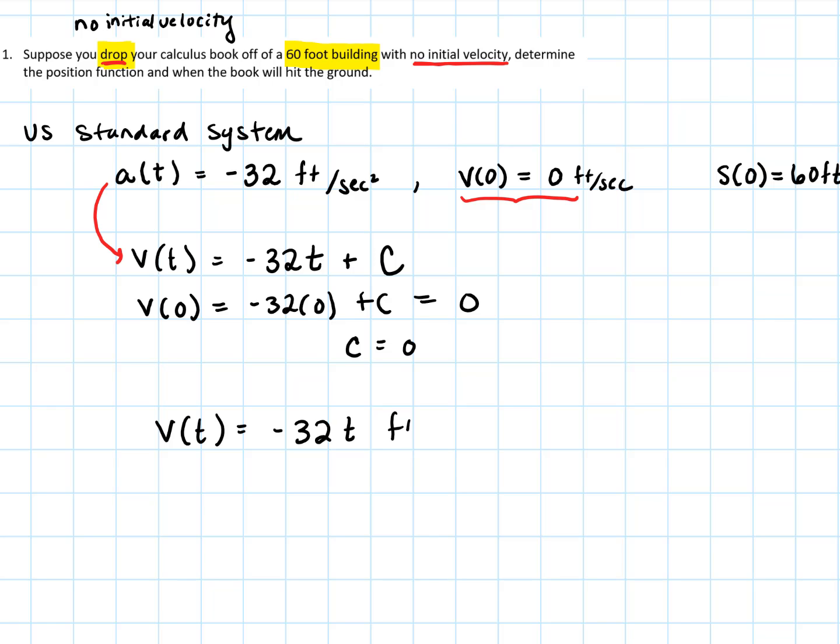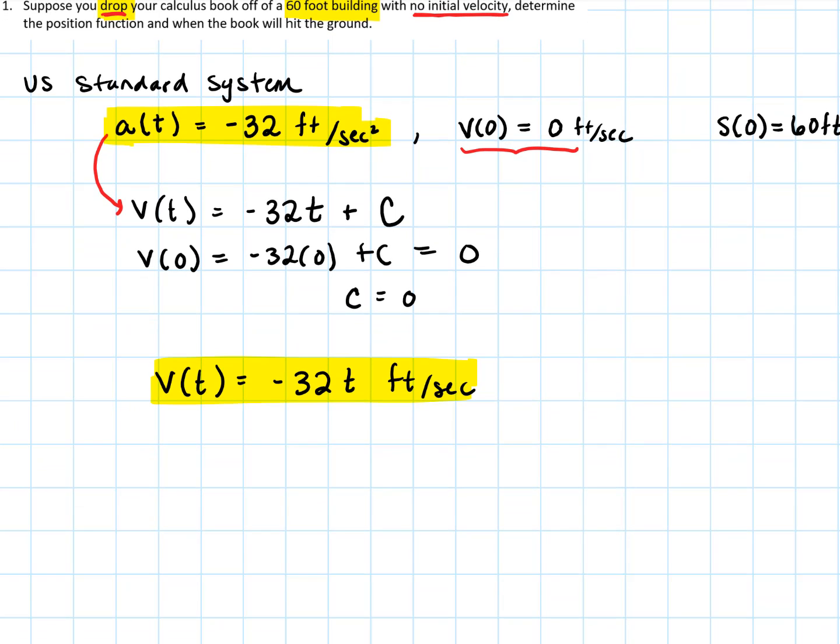Now, velocity, by the way, is measured in feet per second, so I could put the units back on. So we started with acceleration, and now we've gotten to velocity, and we have one more antiderivative, because we need to find the position function. It says find the position function. We would need it whether it said find it or not, because to figure out when the book hits the ground, we need to know when the position is at 0, when it's on the ground.